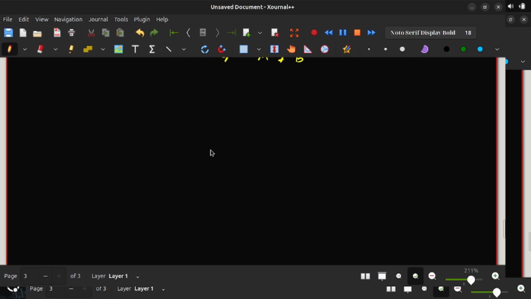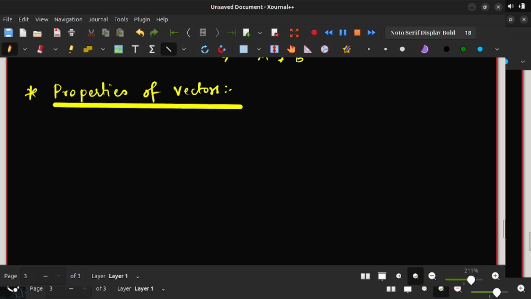Then let me talk about the last thing for today. It's called the properties of vectors. There are certain properties that we can exploit when we are doing vector algebra, and which I will introduce in later lectures.